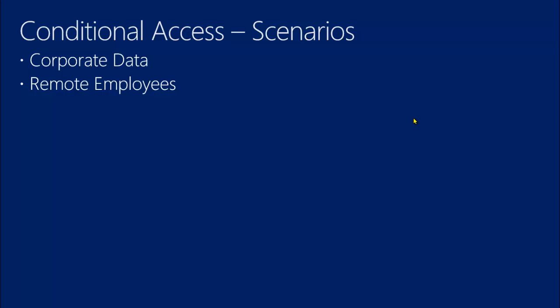Remote employees. At the time that I'm recording this, in the middle of COVID, that's a big, big deal for companies across the world, right? And for those companies that had not yet thought about extending their security boundary and were still doing things on-prem, this really changes that discussion. Organizations have to think about remote workers like they never have had to before, and think about extending their security boundary.